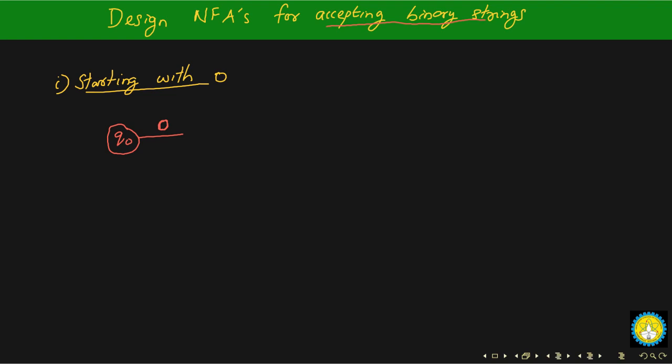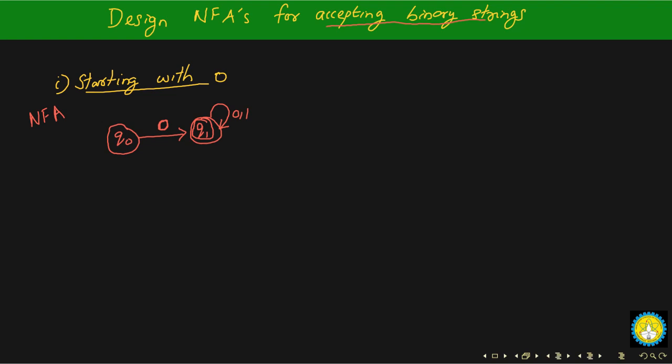From Q0, if you see a 0, then you can go to Q1, and from there it is possible to have any transitions. So you define 0, 1 on the same state itself, and Q1 is going to be the final state. So this is the NFA for accepting binary strings starting with a 0.